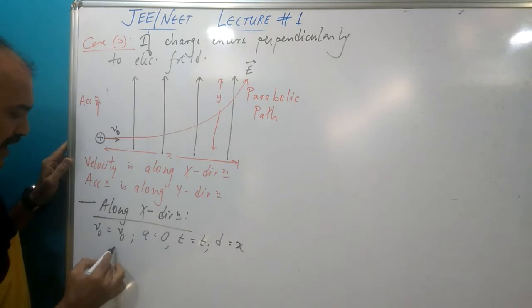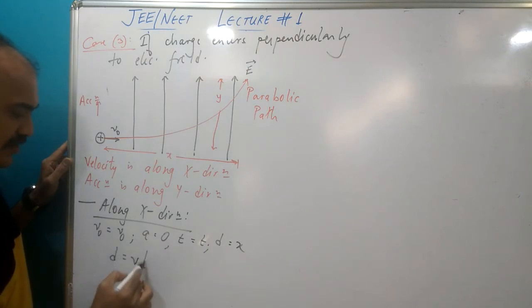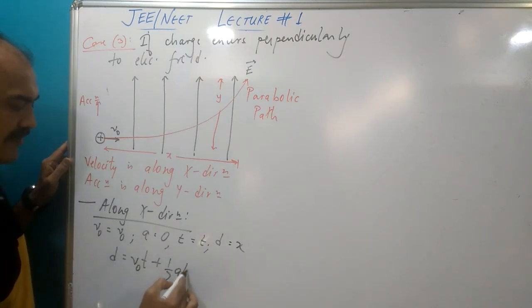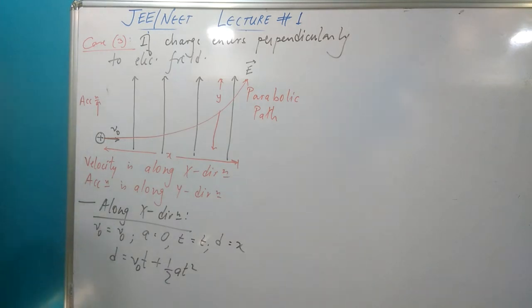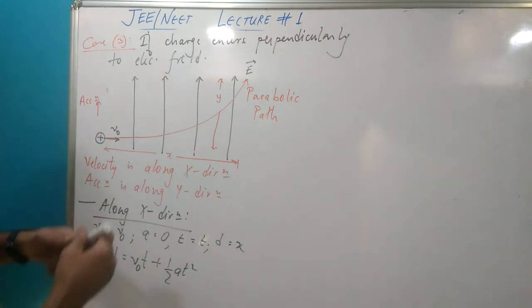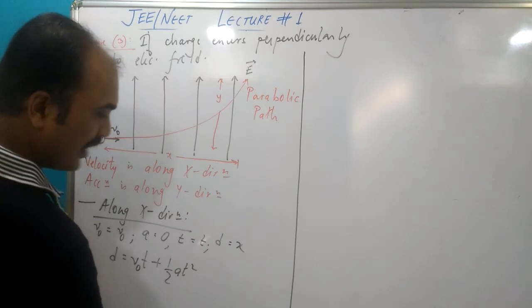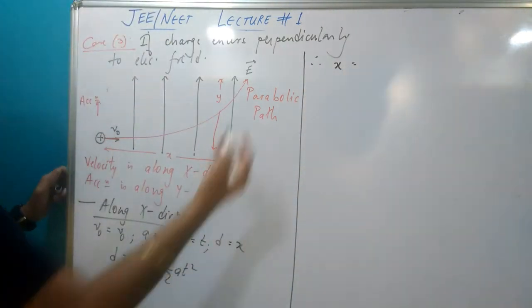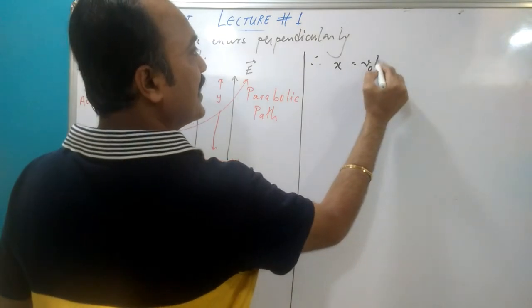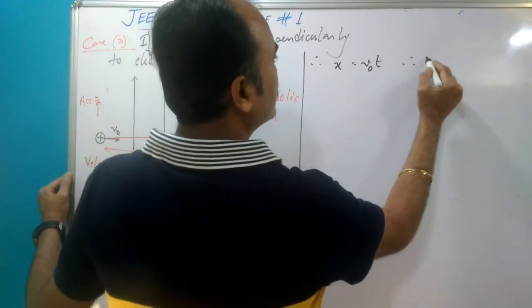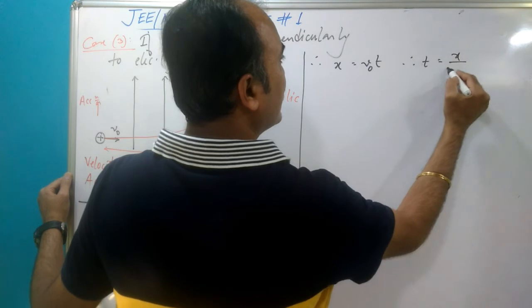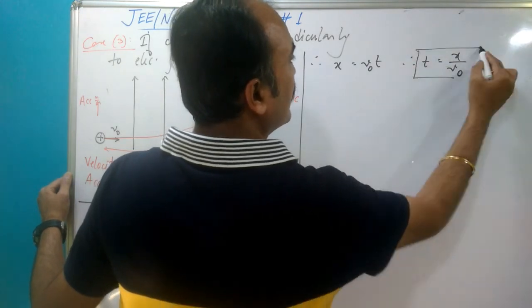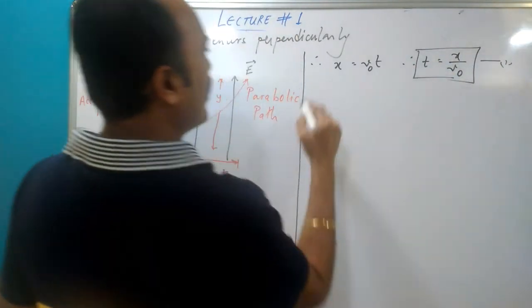So using the formula, d is v0t plus half at square, and putting a as 0, what are we going to land with? How much is d? It is x. v0 is v0 and time is t. Oh, lovely. So how much is t? It is x by v0. We utilize this as equation number 1.